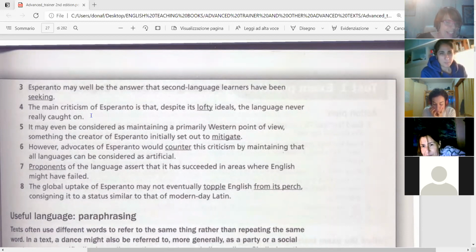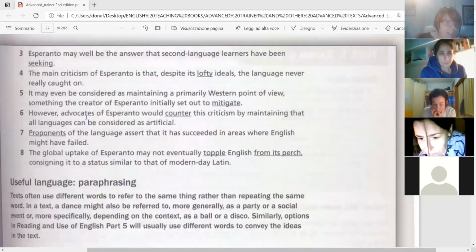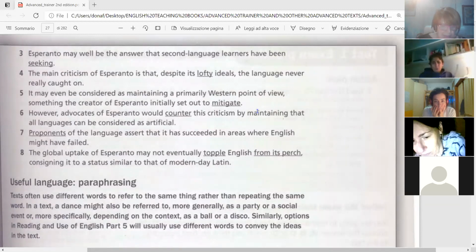Okay, and number 5, Francesca. It may even be considered as maintaining a primarily Western point of view, something the creator of Esperanto initially set out to mitigate. Easy as well, but try to explain with different words.